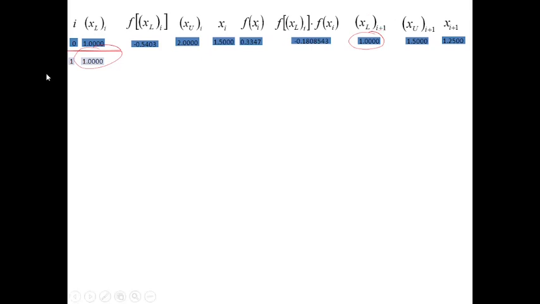And then, kunin natin yung function value, okay? And then, yung upper value, kokopyahin lang natin ito. Okay? 1.5. And then, yung x sub i, we'll get the average. No? Average ng x sub l sub i, x sub u sub i. 1 plus 1.5 all over 2, 1.25.